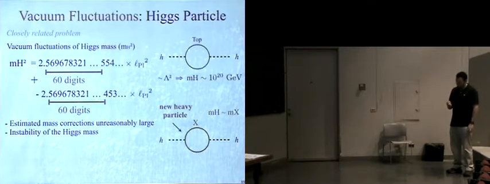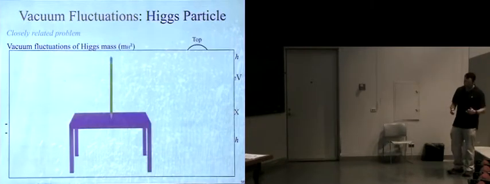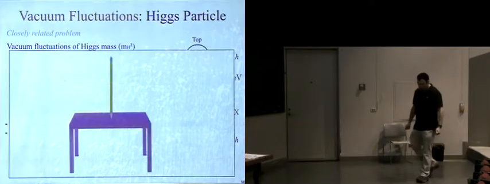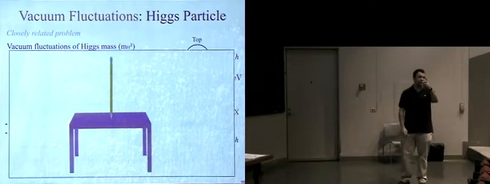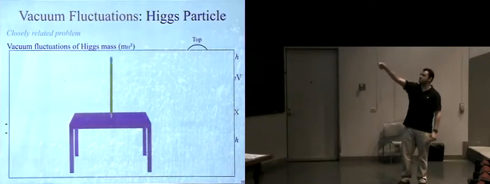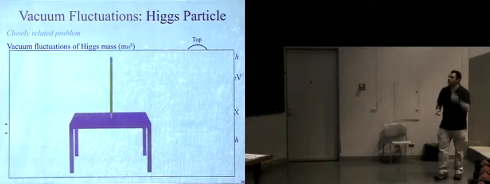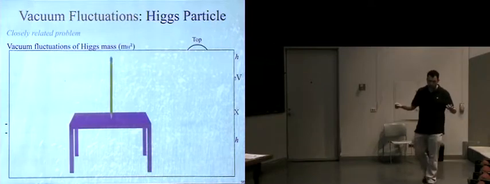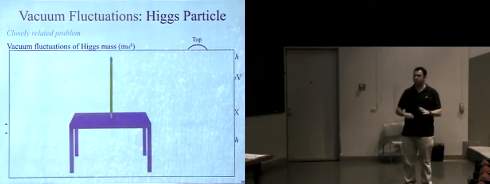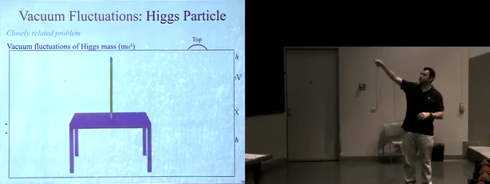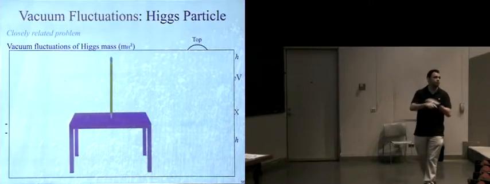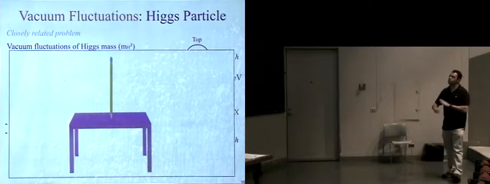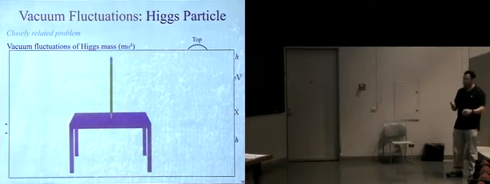For this, there's always an analogy that I use. It's kind of like walking into a room and seeing a pencil just standing on its end. For the Higgs, there are actually two ways of thinking about it. First, let's consider that there's no such thing as atoms, or the only active degrees of freedom are the pencil and the table. So there are no sound waves in the room, no molecular vibrations or anything.